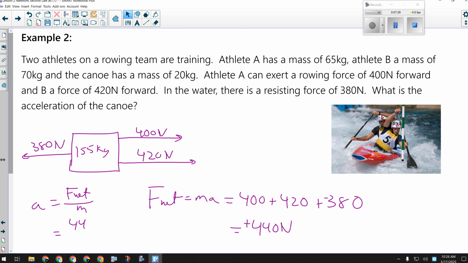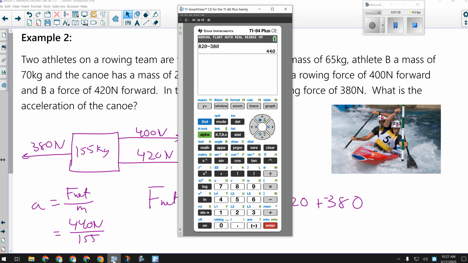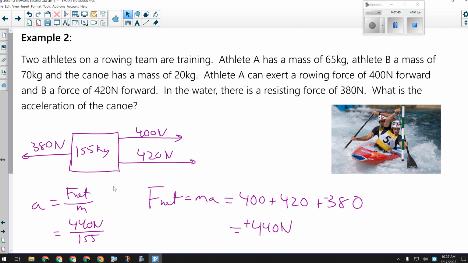So we'll have our 440 newtons divided by 155 kilograms worth of mass. So 440 divided by 155 gives us 2.84, no, sorry, we only have two significant digits, 2.8 meters per second squared, and I would say forward, because that's what we were given in the question.